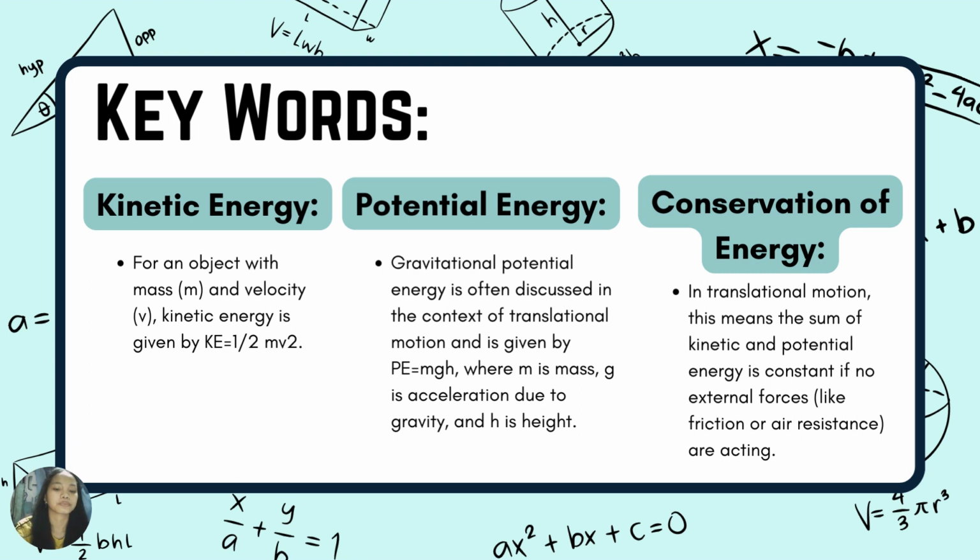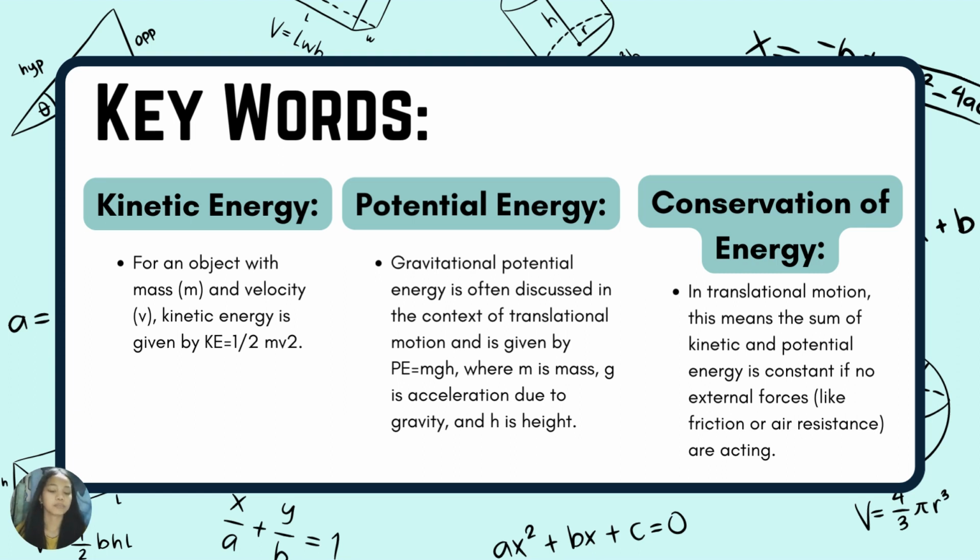Next is potential energy. Potential energy is the energy an object possesses due to its position or condition. Gravitational potential energy is often discussed in the context of translational motion, and it's given by PE, potential energy, equals mgh, where m is the mass, g is acceleration due to gravity, and h is the height.